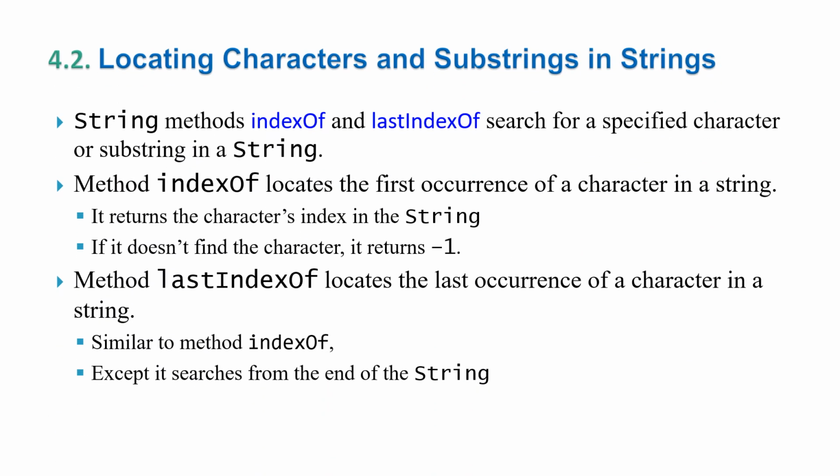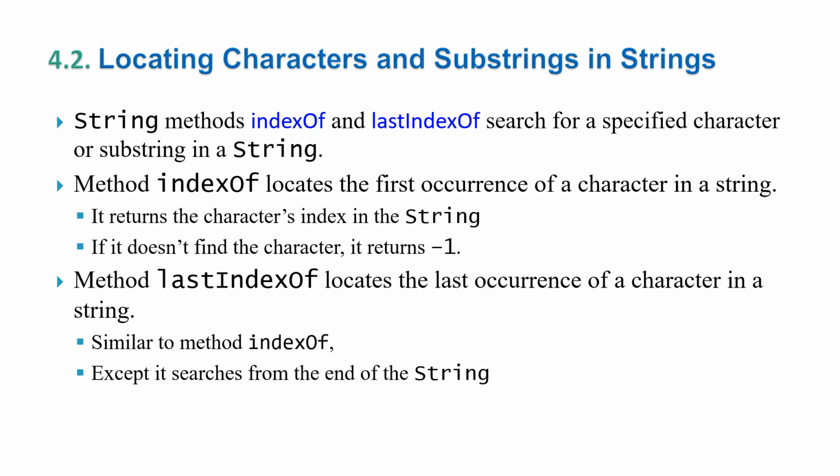Now we will discuss the string methods for locating characters and substrings in a string object. The string methods, namely indexOf and lastIndexOf, will search for a specific character or substring in a string object. The method indexOf locates the first occurrence of a character in a string.